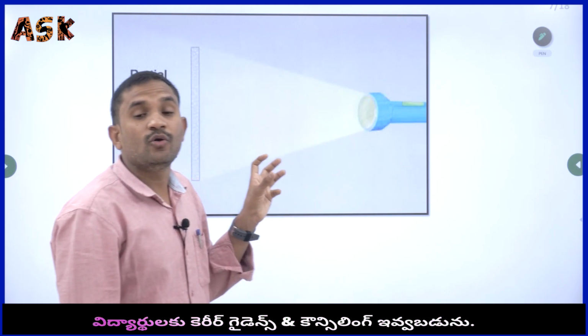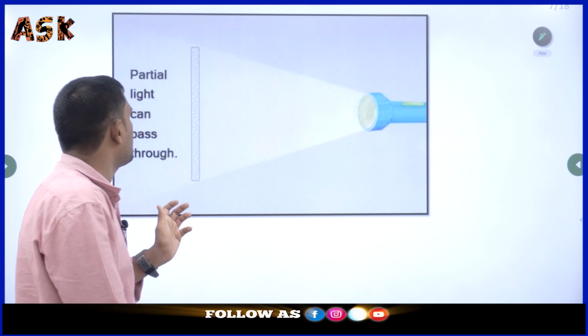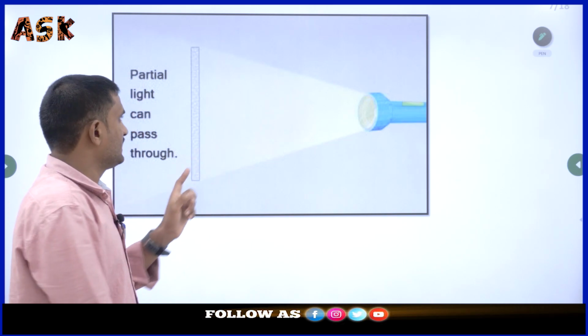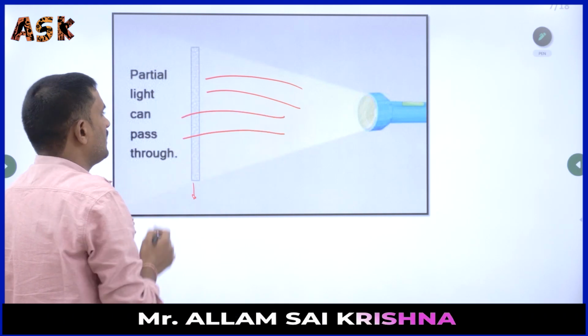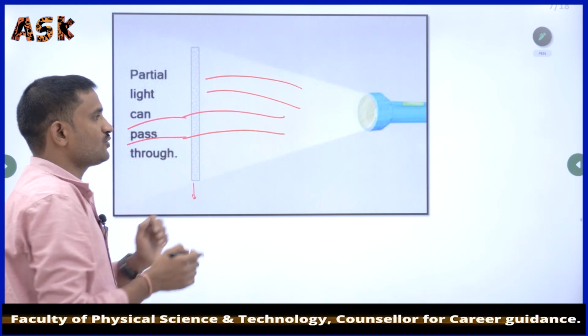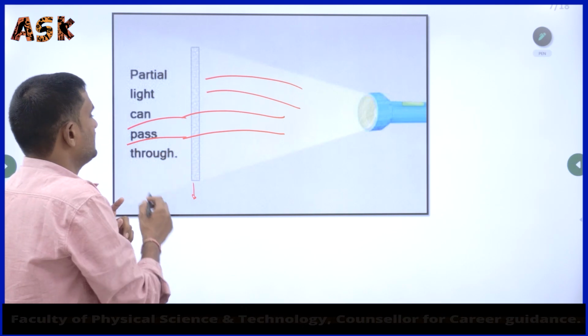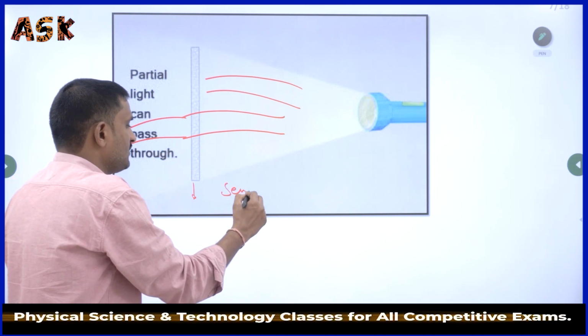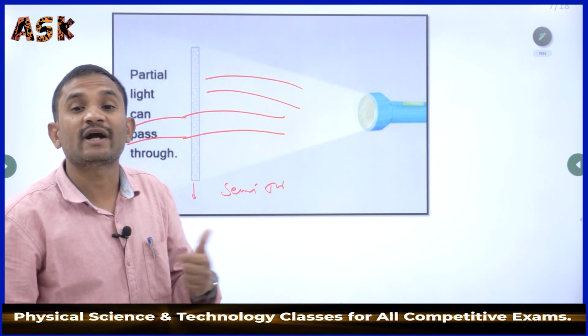Here they are allowing some of the light rays, that means only partially. It is one of the materials. When light rays are incident on it, only some of the light rays pass from one side to another side. That kind of material we call semi-transparent material. Sir, what are the examples for these?